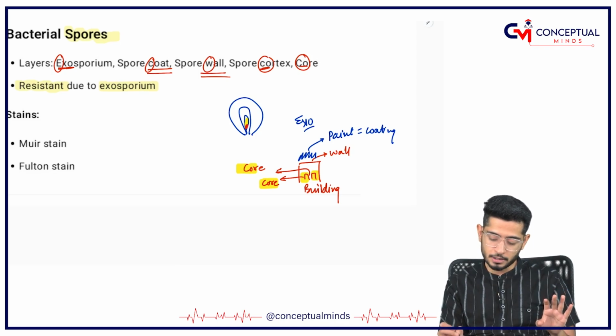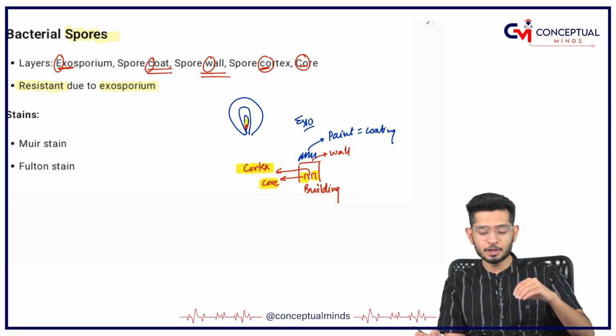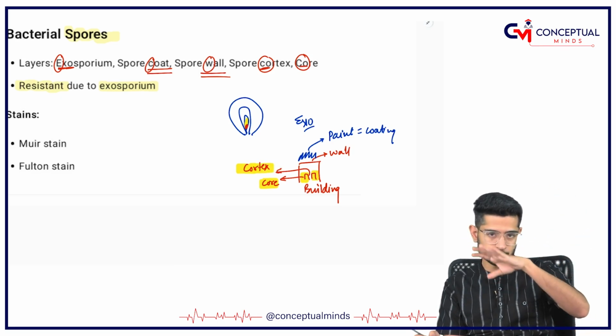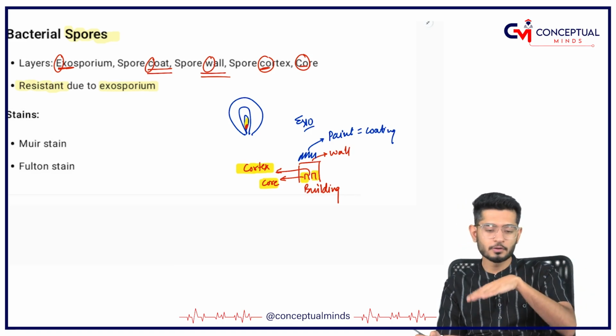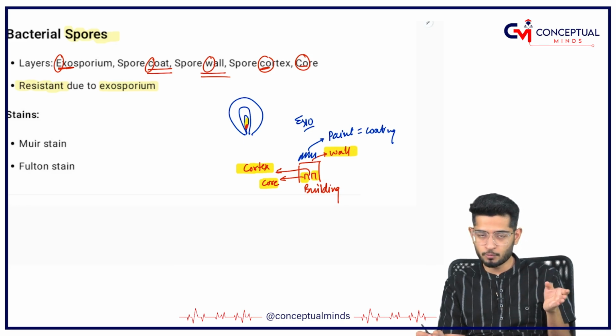This is called the cortex. After that, you have got a wall. So 4 walls of your house, that corresponds to the spore wall.